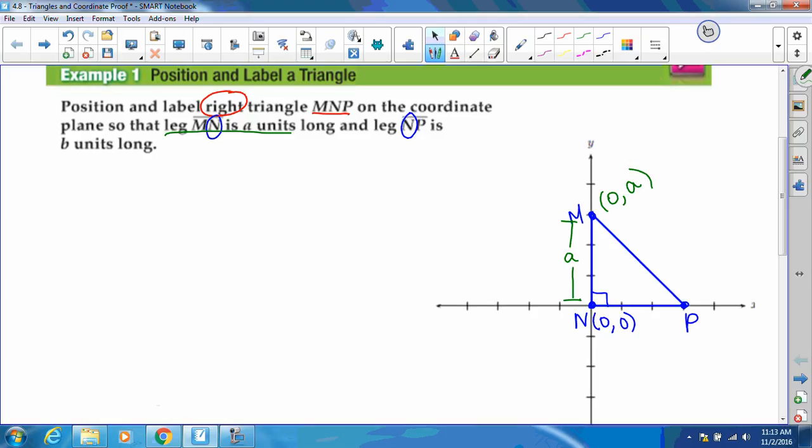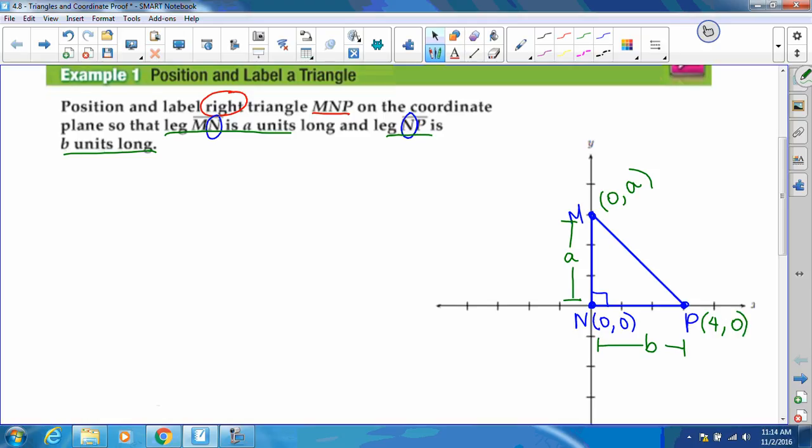On the other end, we want leg NP to be B units long. Same concept. If I said I wanted it to be 4 units long, then this point right here would be (4, 0), because if it's on the x-axis, your y-coordinate is 0.